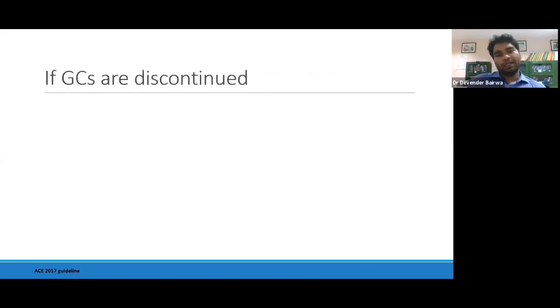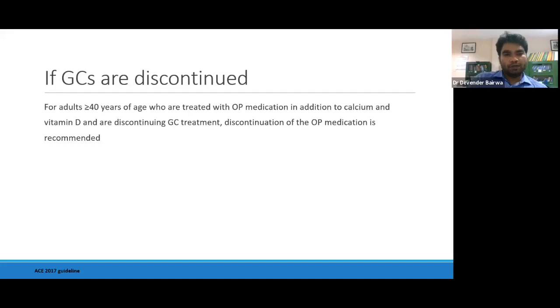Then suppose the steroid is stopped or discontinued because the condition is okay now and it doesn't require steroid. What to do? For adults more than 40 years of age who are treated with osteoporosis medication in addition to calcium and vitamin D, and are discontinuing their steroid treatment, discontinuation of the medication is recommended only if their fracture risk at the time of glucocorticoid discontinuation is assessed to be low.